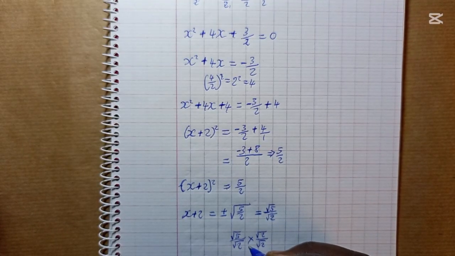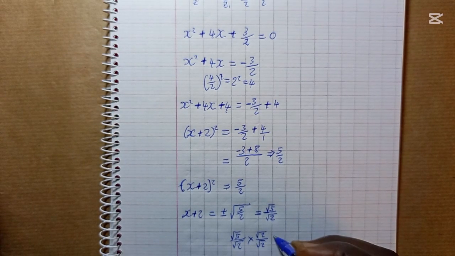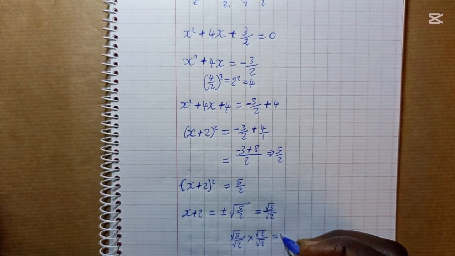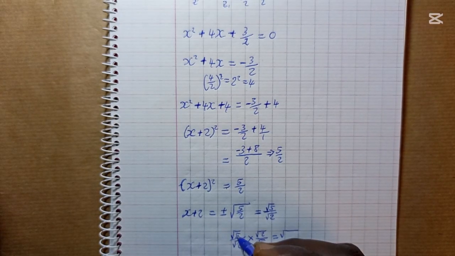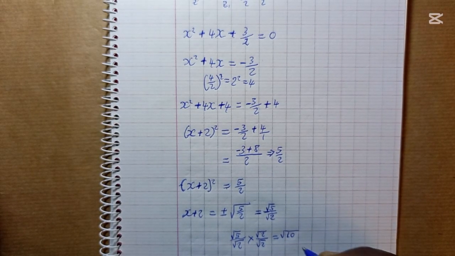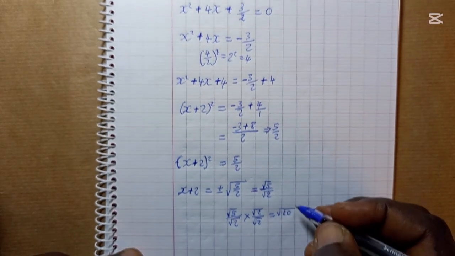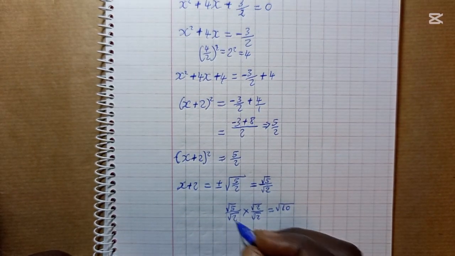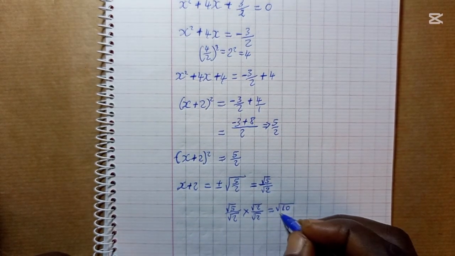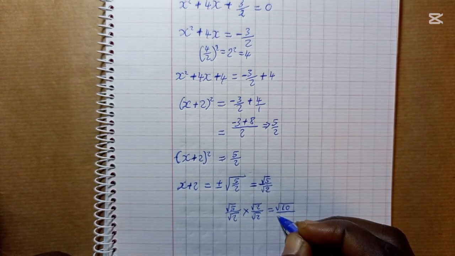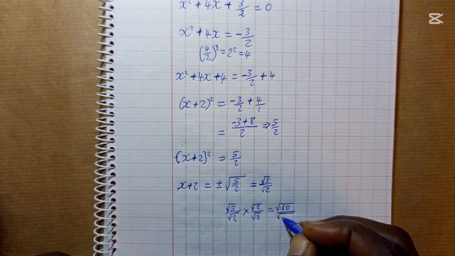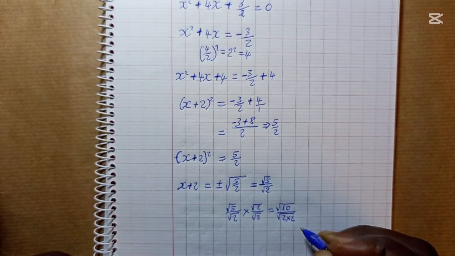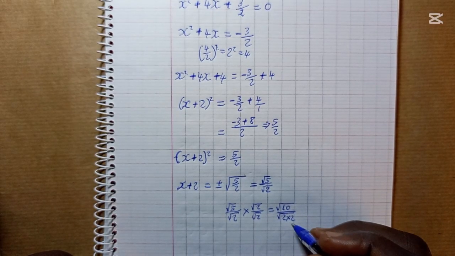Now from this place, root 5 times root 2 will give us the square root of 5 times 2, which is root 10. And on the base side, root 2 times root 2 is the square root of 2 times 2, which is root 4.